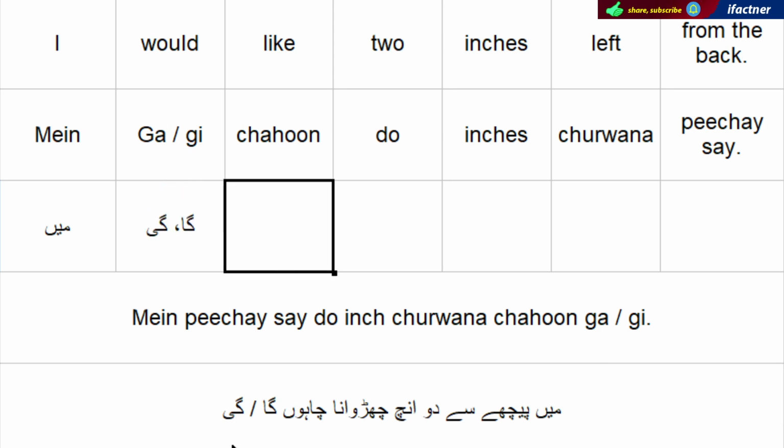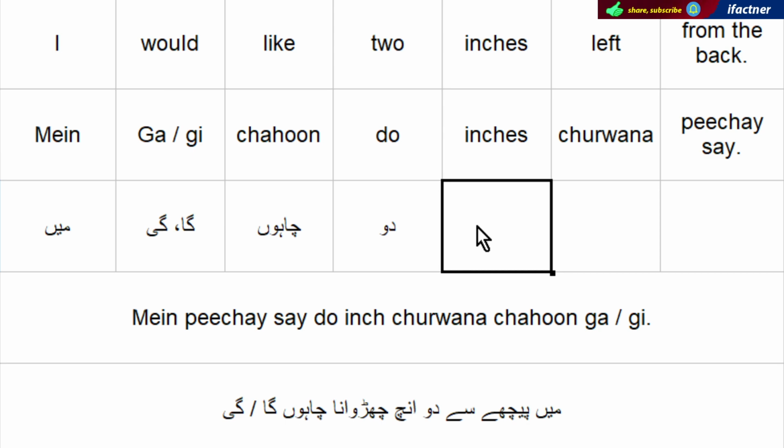Chahun is che, alif, he, waw and nunna. Tu is do, and do is written as dal waw do. Inches are inch. We just say inch in Urdu for plural as well. Left is chudwana.